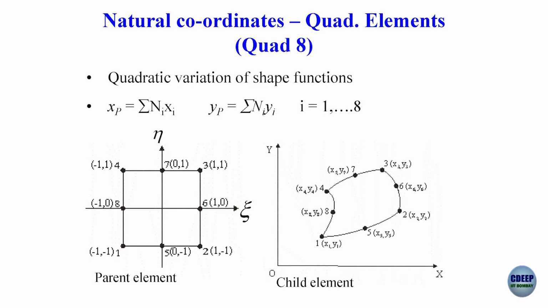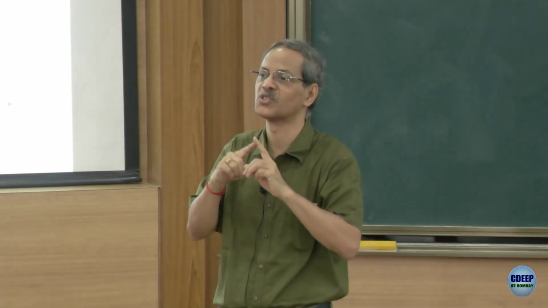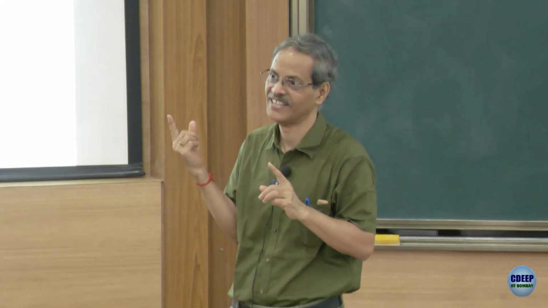In the real physical coordinates, can it be a curved edge? By doing some quadratic transformation, x and y will be given in terms of zeta, eta, zeta squared, zeta eta product terms like that. So therefore, I am able to distort a straight edge to a curved edge through this nonlinear transformation.